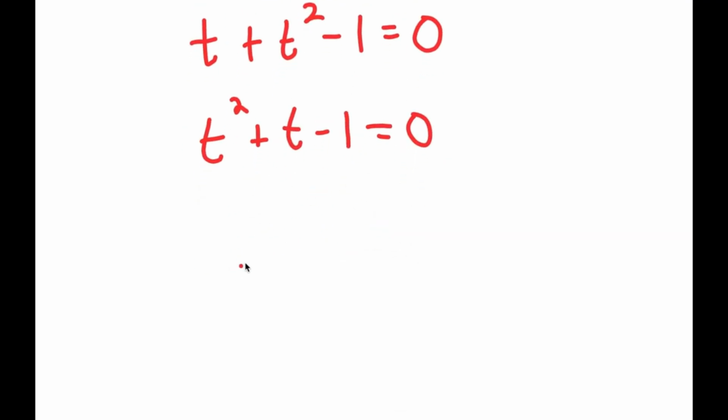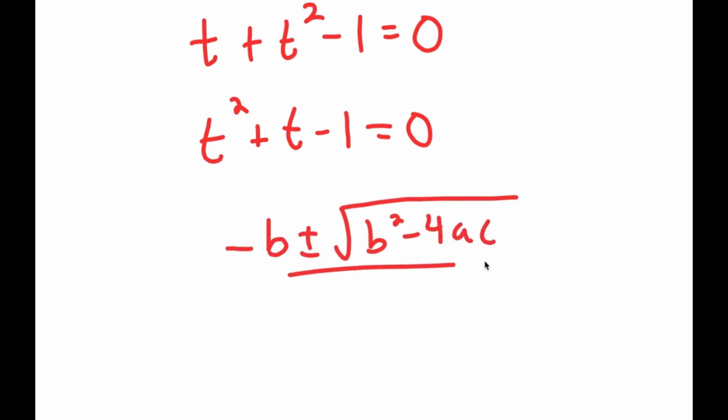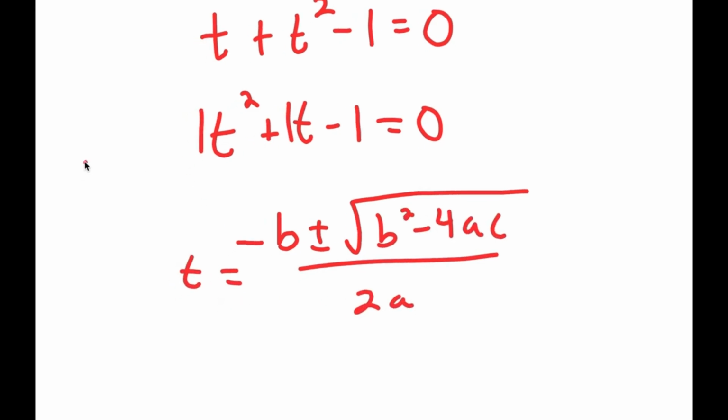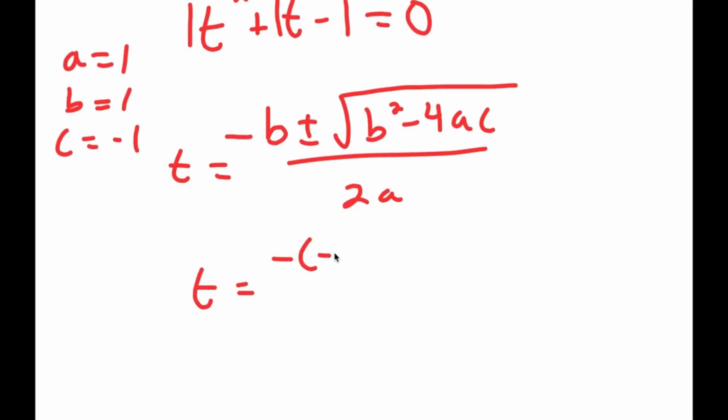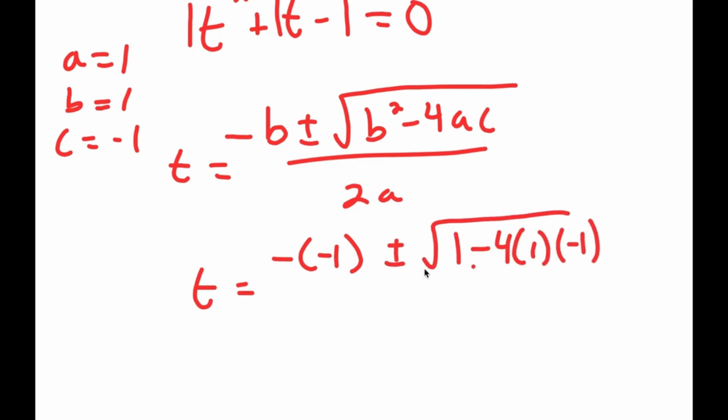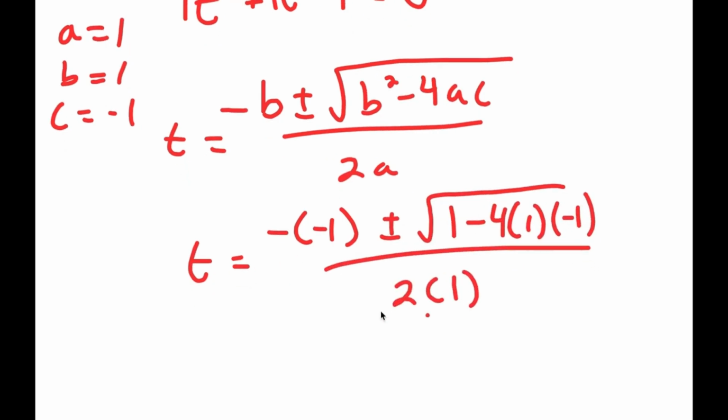Now to solve this, I'm going to use the quadratic formula, which is negative b plus or minus the square root of b squared minus 4ac all over 2a. So in this case, a is 1, b is 1, and c is negative 1. So I get t is equal to negative of negative 1 plus or minus the square root of b squared, so 1 squared, which is 1, minus 4 times a, which is 1, times c, which is negative 1, all over 2a, so 2 times 1.